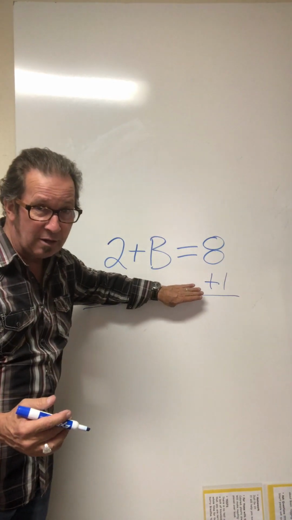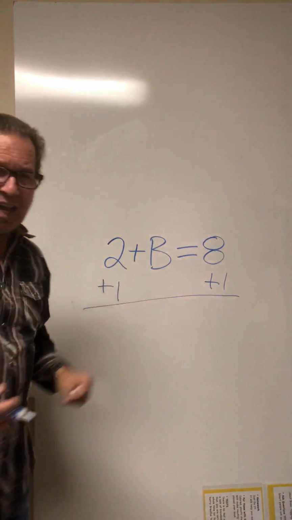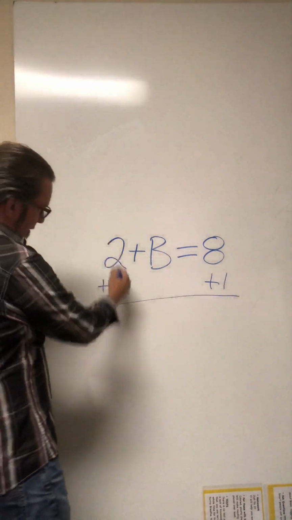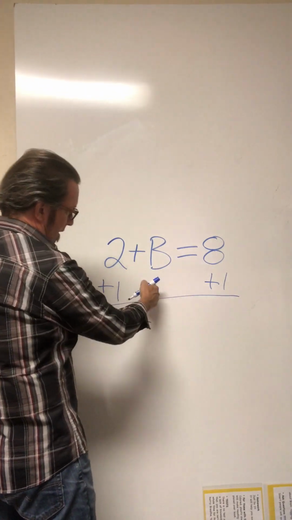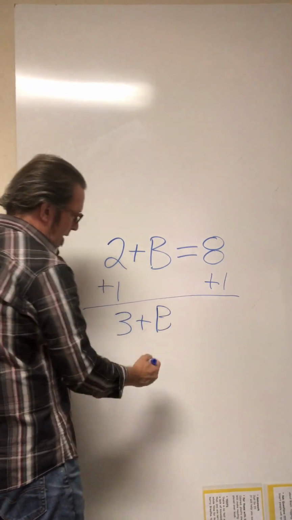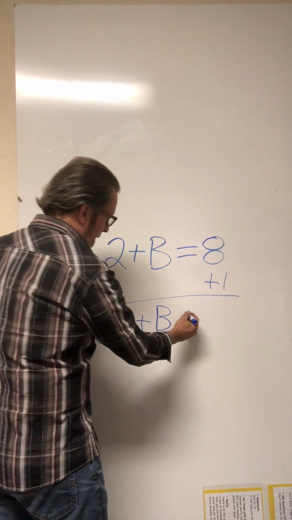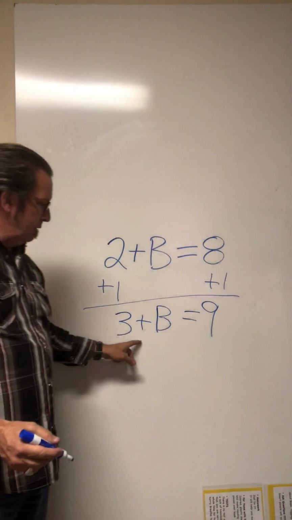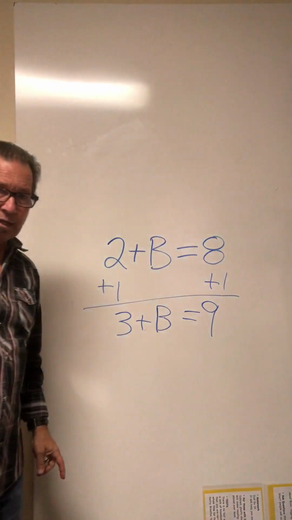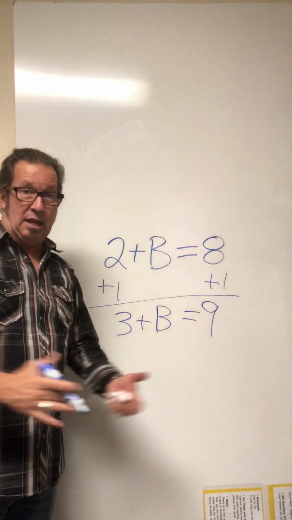Whoops, covered. There we are. B equals 6. What happens if I add 1 to both sides? Well, on this side, I would have 3 plus b, and on the other side, 9. 3 plus what equals 9? 6. How's that? I just added 1.